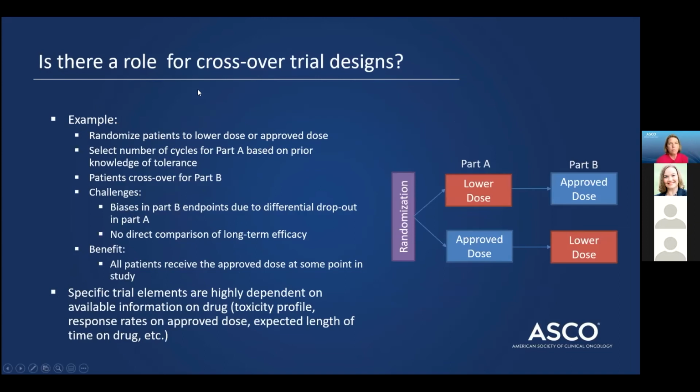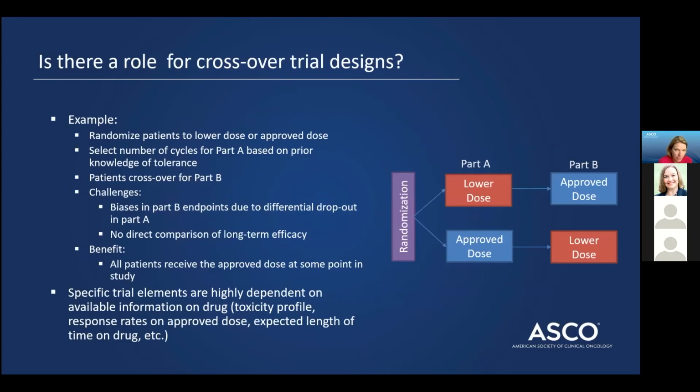And then there's some thought about perhaps crossover trial designs could be appropriate in this setting. And here's just a simple example. If you're looking to see about adverse events, for example, in 2 different doses, you might randomize patients to a lower dose or an approved dose.